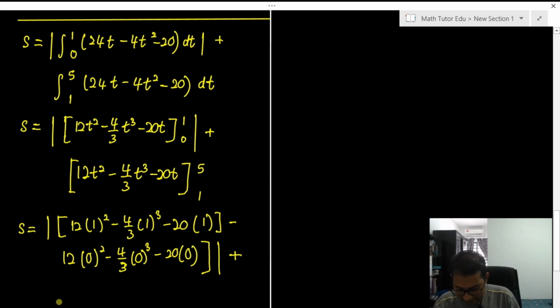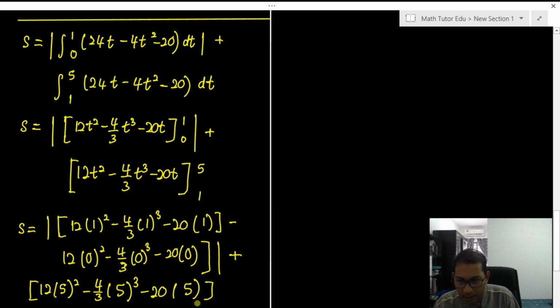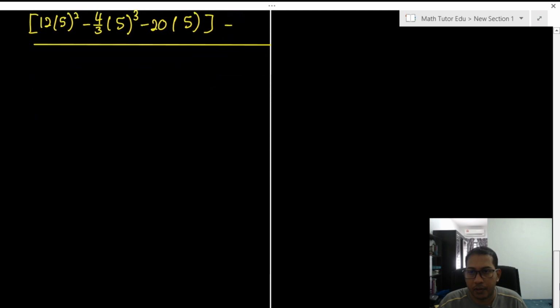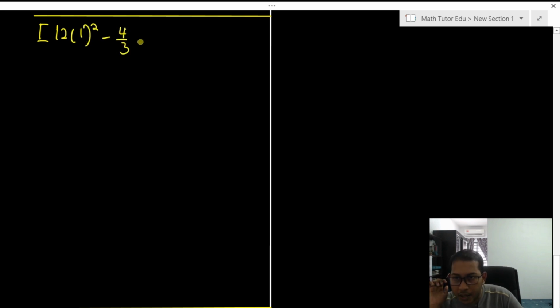Plus, 12 times 5 square minus 4 over 3 times 5 to the power of 3 minus 20 times 5, close square bracket, minus, let us continue, 12 times 1 square minus 4 over 3 times 1 cube minus 20 times 1, close square bracket.